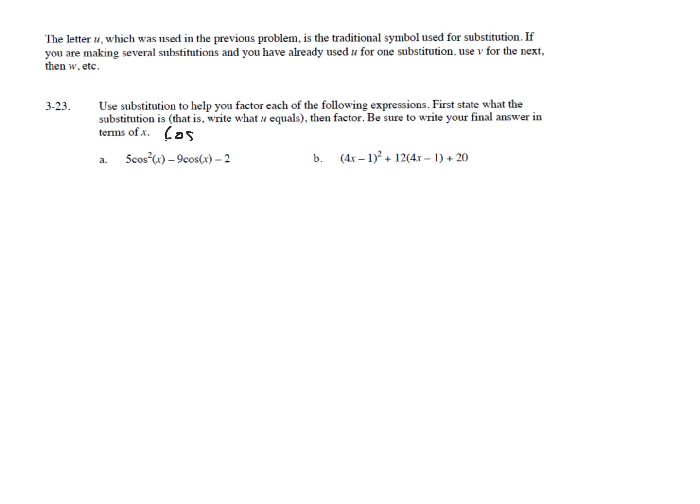So I'm going to let the cosine of x equal u. And why am I choosing cosine? Because this term right here would become a minus 9u, and this term here would become 5u squared.